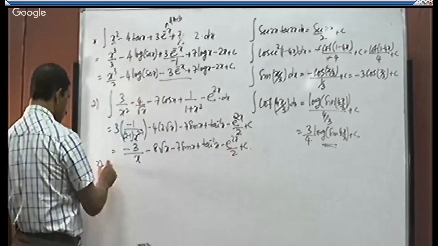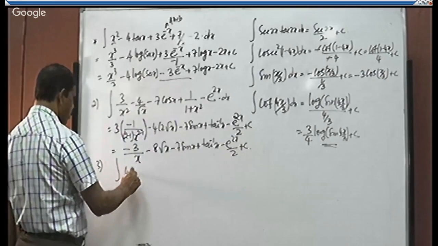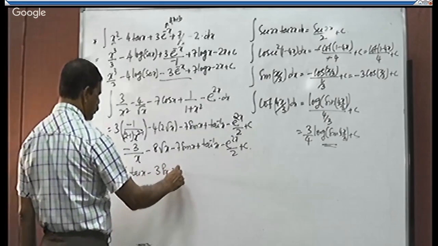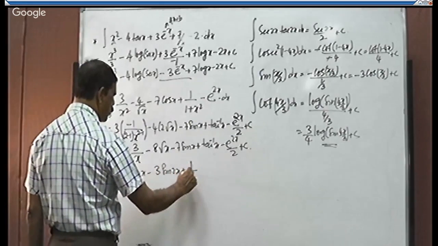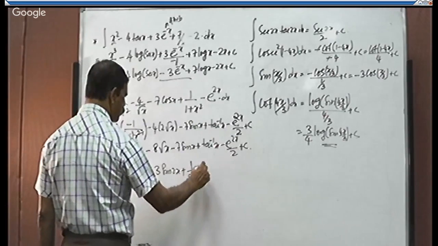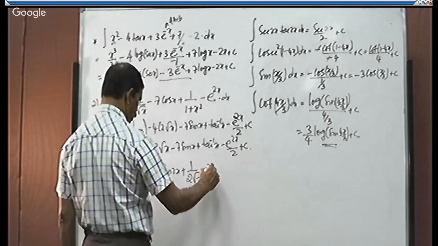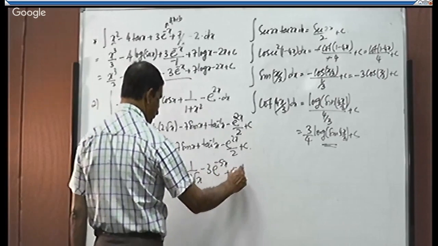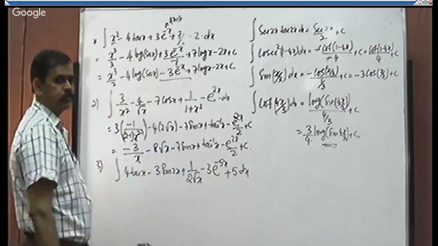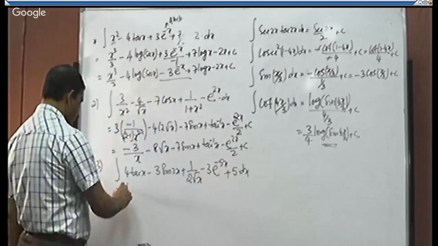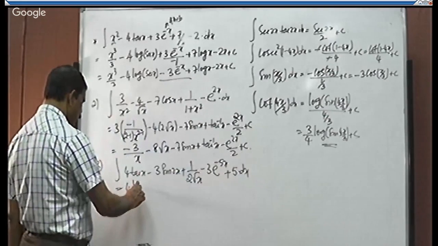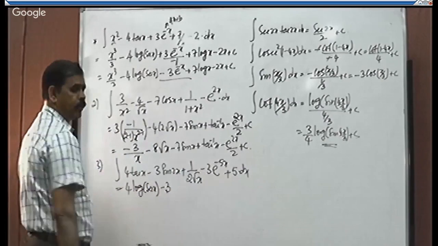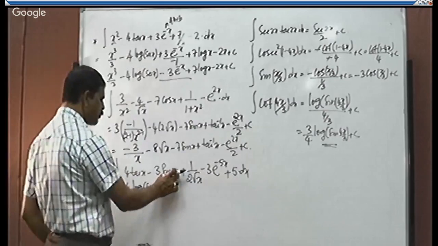Right? Integration of 4 tan x minus 3 sin 2x plus 1 by 2 root x minus 3 e power minus 5x plus 5 into dx. 4 into integration of tan x is log of secant x. Minus 3, integration of sin ax plus b form, correct?